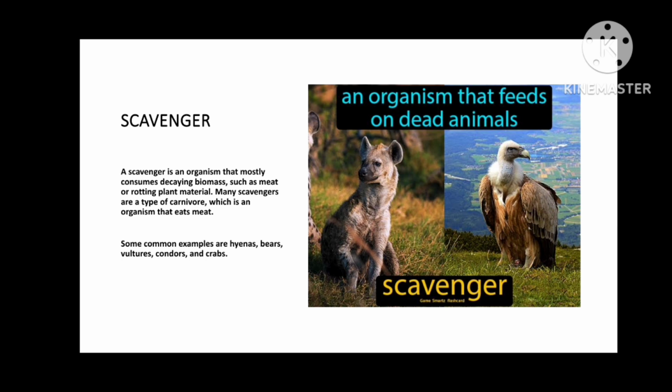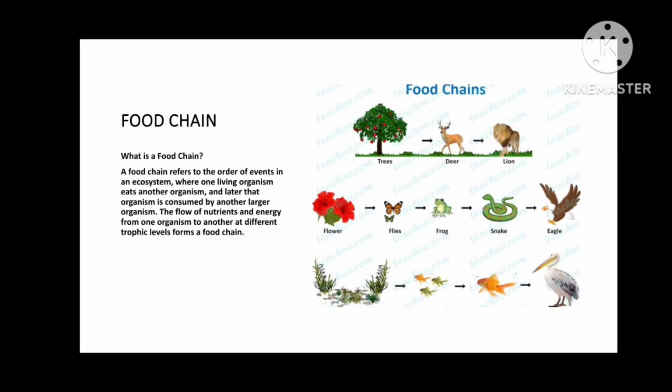After scavengers, we need to talk about food chain. Food chain is an important part of the ecosystem because flow of energy from one organism to another takes place by the food chain.